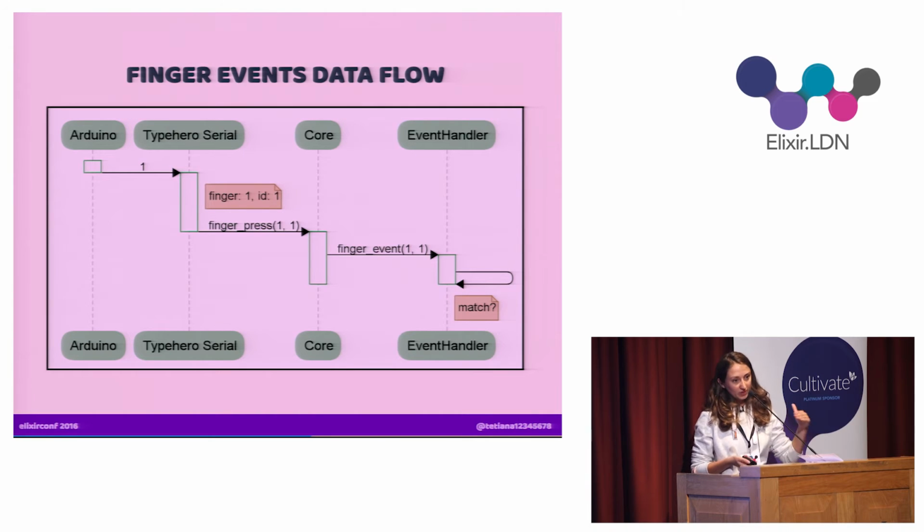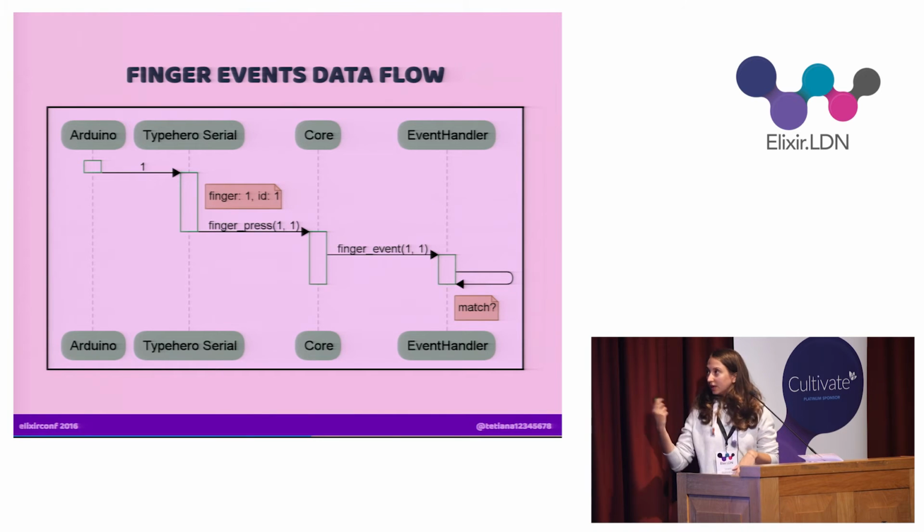So we know the number of events which are coming through. Then whenever we get two events together, having the ID from one event and another one, we can do our match. So we get this to the core and pass it through to the event handler, and then the event handler is going to do all of the hardcore stuff, trying to say whether it matches or not.